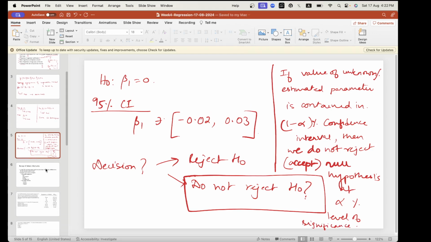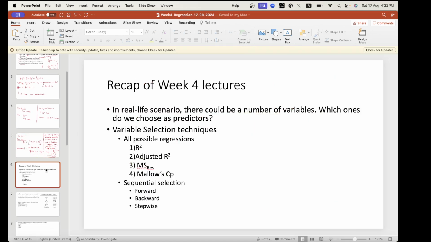Now the next question is, how do I decide on the number of variables? Which ones to choose as predictors? So we'll have one y, one response, and we'll have a pool where multiple factors are there which could be predictive of y, though some might not even be useful in predicting y.